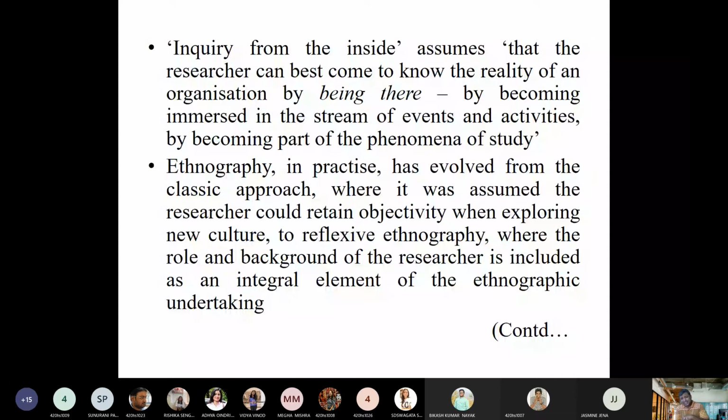They are trying to understand people's views and perceptions, where the role and background of the researcher is included as an integral element of the ethnographic undertaking.